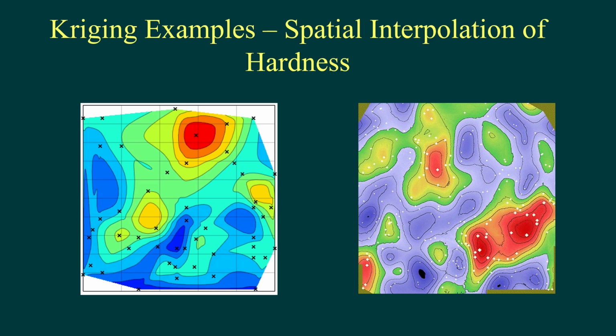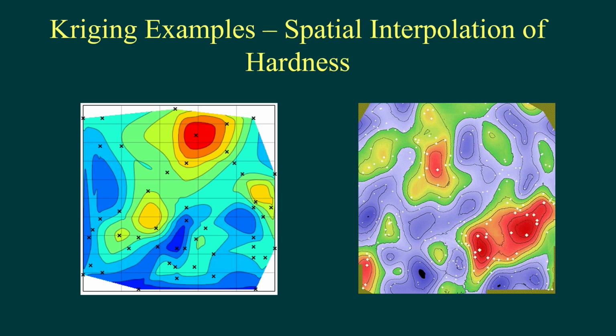What Kriging enables us to do is to interpolate between these different points where we have hard data to areas in the pit where we have less information, and it gives us the best estimate of what the hardnesses are between those various points. So again, looking at this left hand side, let's say red represents the very hardest ore and blue the very softest.